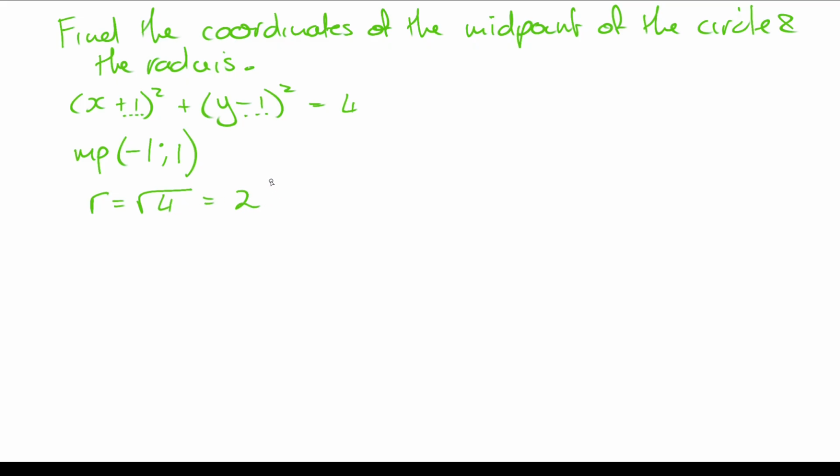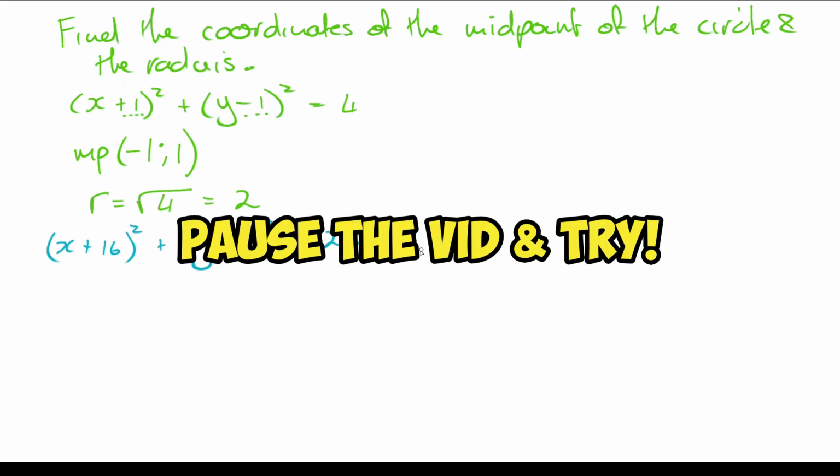All right. Our next question is (x + 16)² + (y + 8)² = 20. So pause for a moment, see if you can do it by yourself, and then see if what you got is the same as what I got.